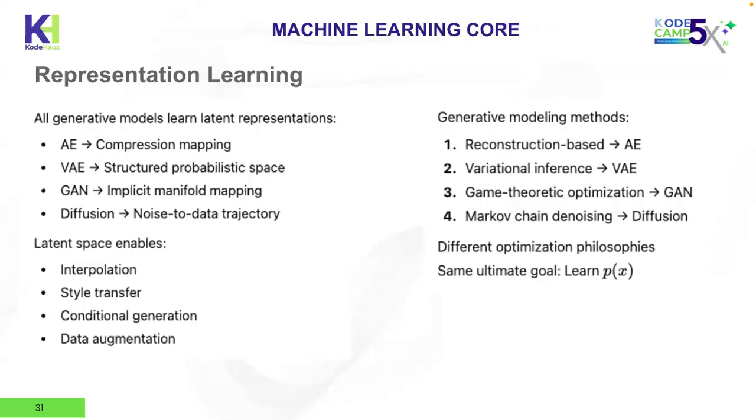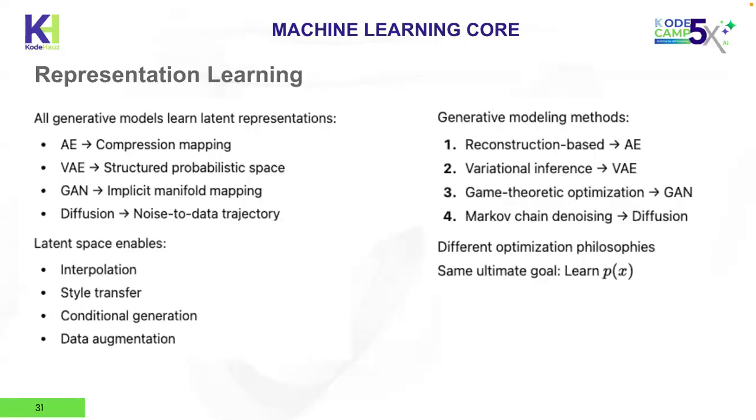And you can see the different models or methods that you can use for generative modeling. If you want to do reconstruction based, you use autoencoders. If you want to use variational inference, use the variational autoencoders. If you want to do optimization based on game theory, the reason they say game theory is because you are actually putting two models to battle against each other.